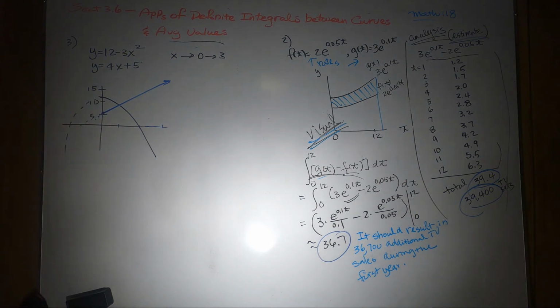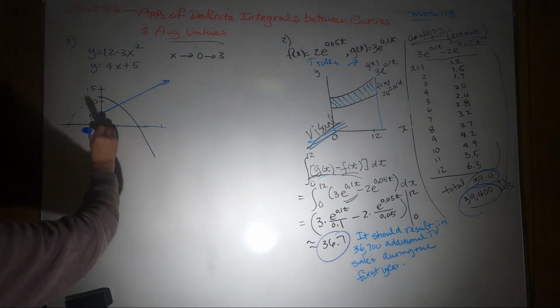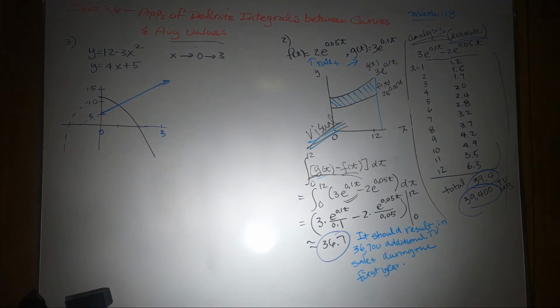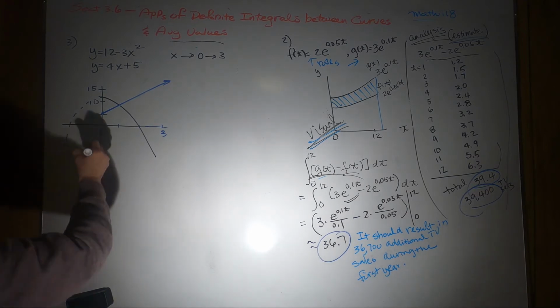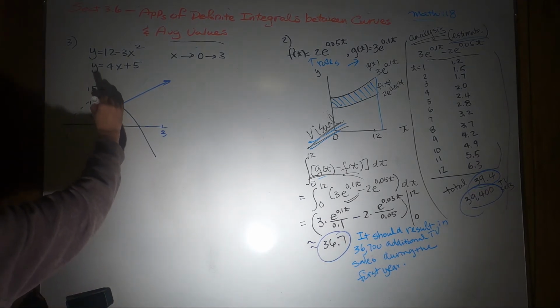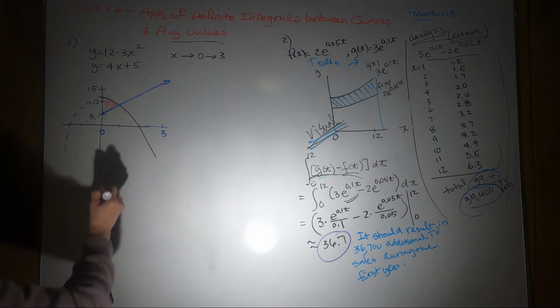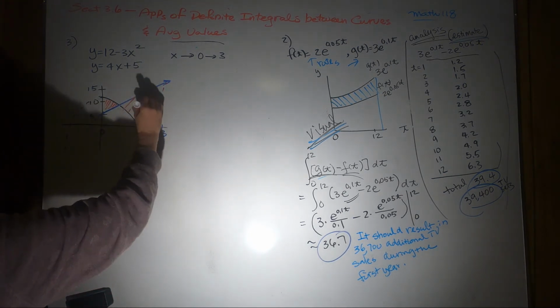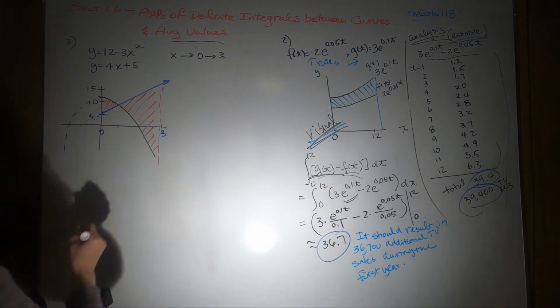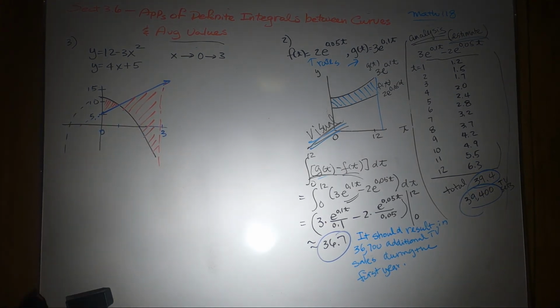Then we say we want to find the area between these two graphs from 0 to 3. So where should it be? Between 0 and 3, between these two curves, one is here, one will be where? Here. Is that right?